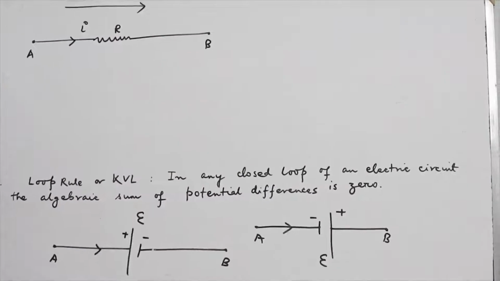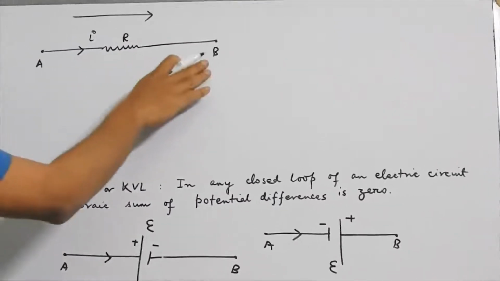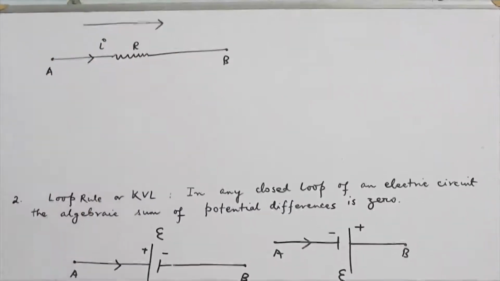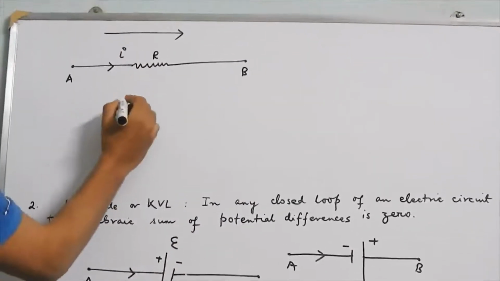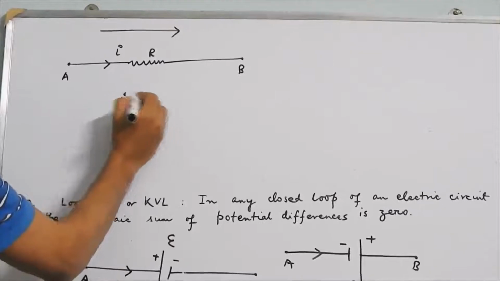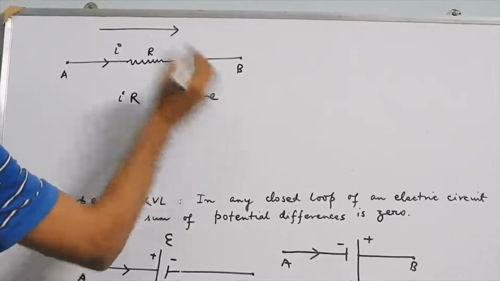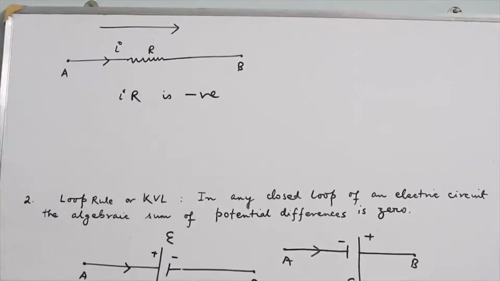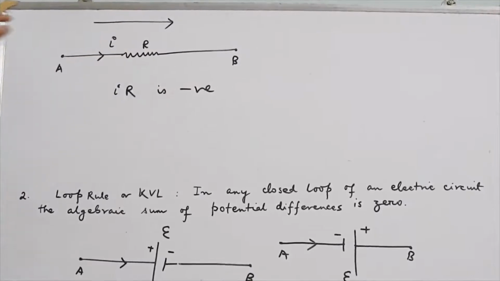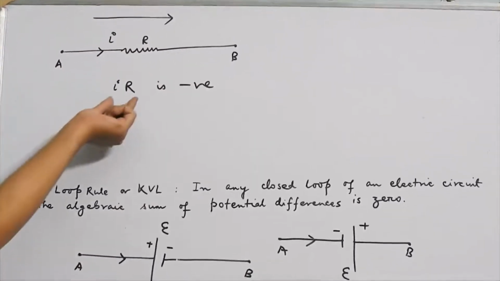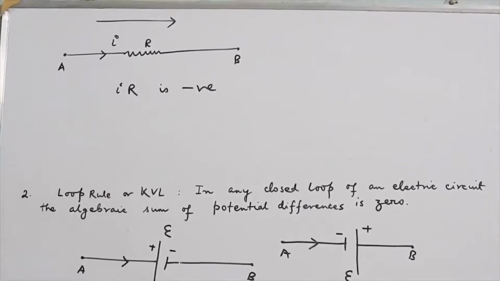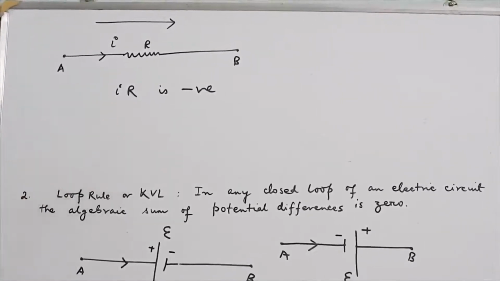That means if we move in the sense from A to B, the potential is definitely decreasing because current is flowing from high to low potential. In this case, the product I into R is obviously negative because we are moving in the direction of current. So if you move in the direction of current, the potential is decreasing. So the product IR, which is the potential difference across the resistance, has to be taken as negative.